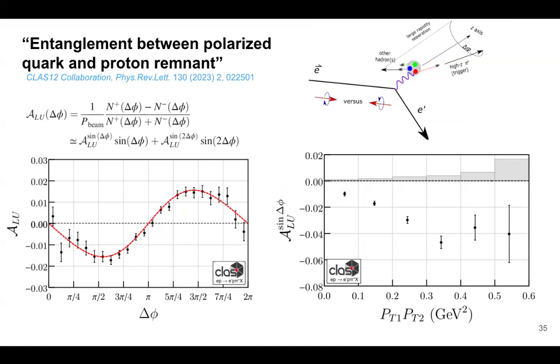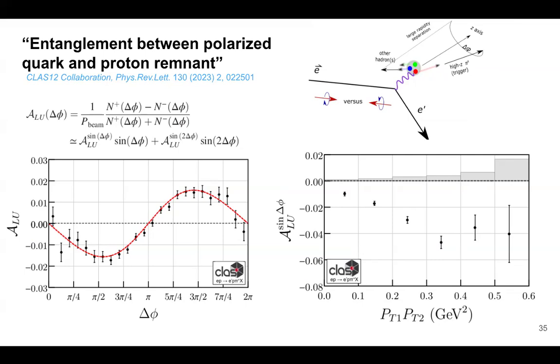It's because they measure a pion that presumably came from the struck quark, and then they look backwards and observe a correlation between that pion and the hadron going backwards, which presumably comes from the proton remnant. Okay, and so it's a huge signal that they can easily measure, and it depends on PT such that the asymmetry is negative and grows in magnitude when you go to higher PT.